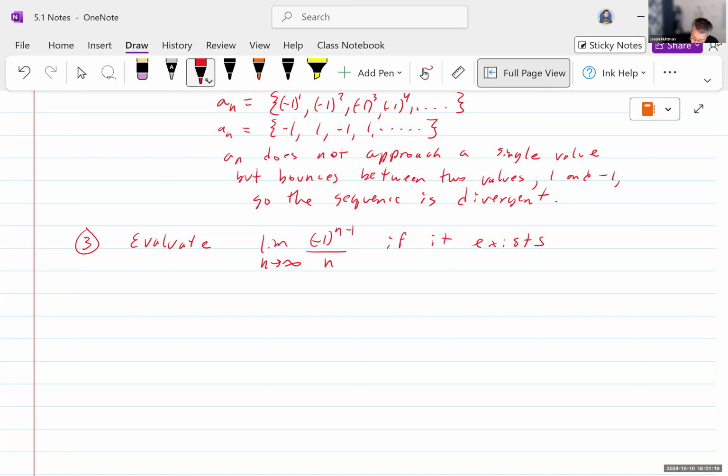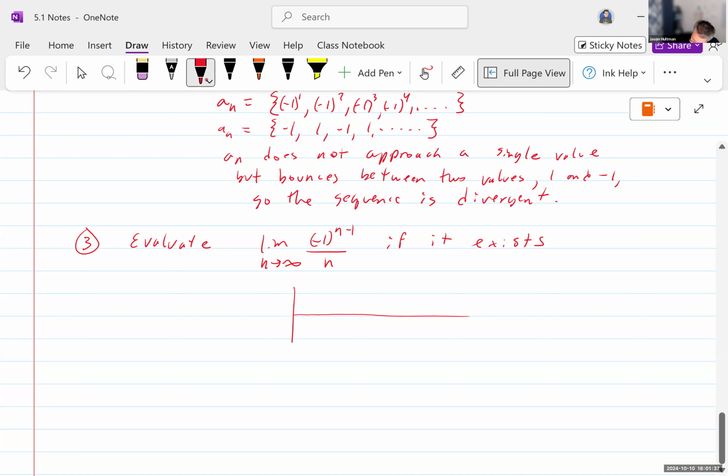So what does the alternating sequence look like? It alternates between -1 and +1. Maybe I'll write a few terms over here.